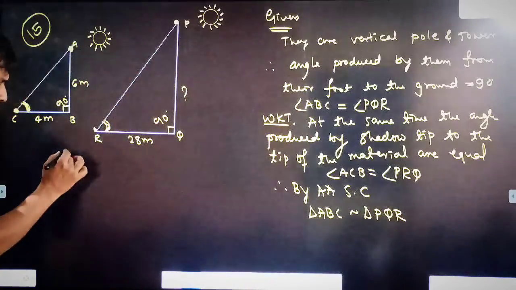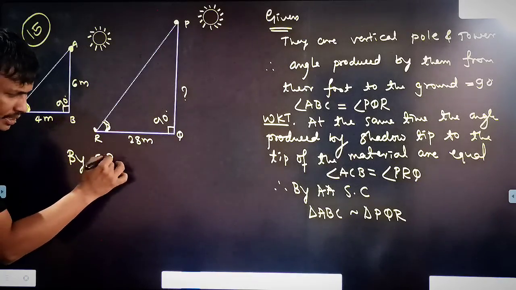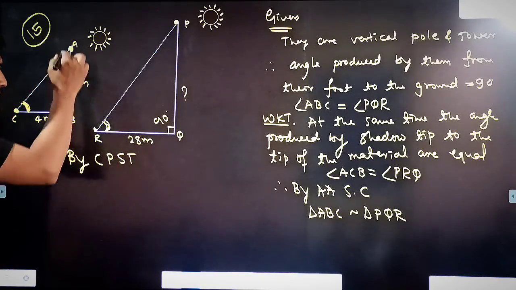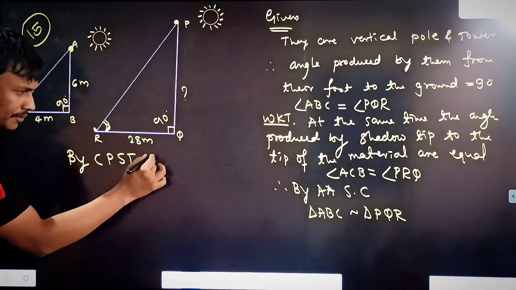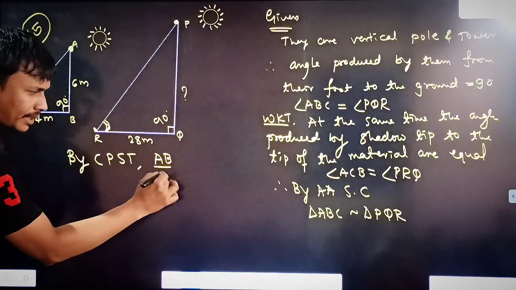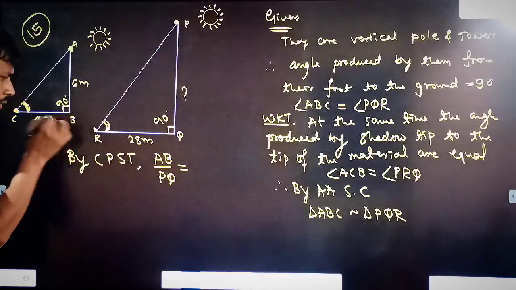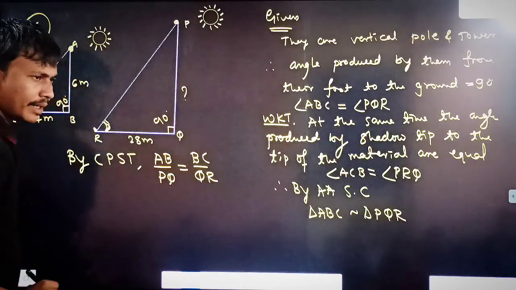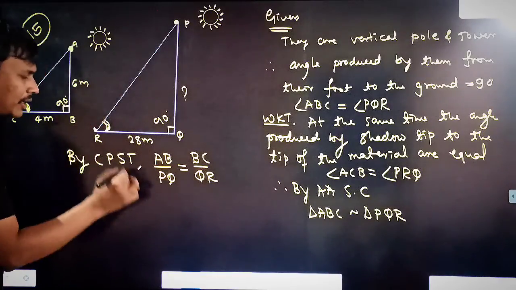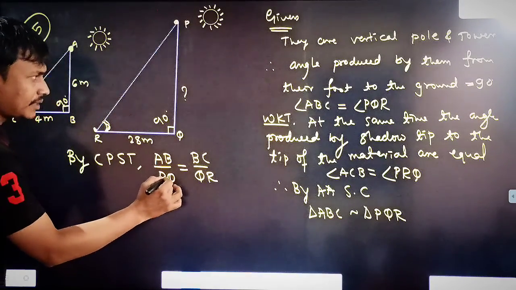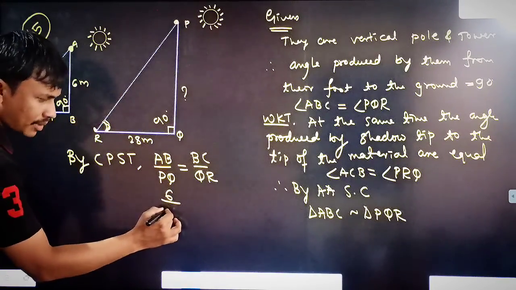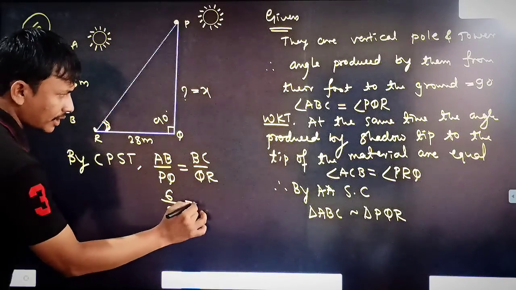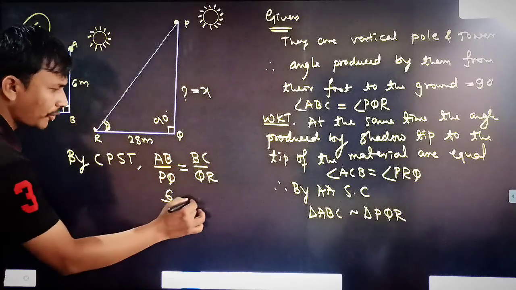Correct? By CPST, corresponding parts of similar triangles, AB divided by PQ is equal to BC divided by QR. What is AB value? 6. What is PQ value? Question mark or X. Okay. Next, what is BC value? 4.